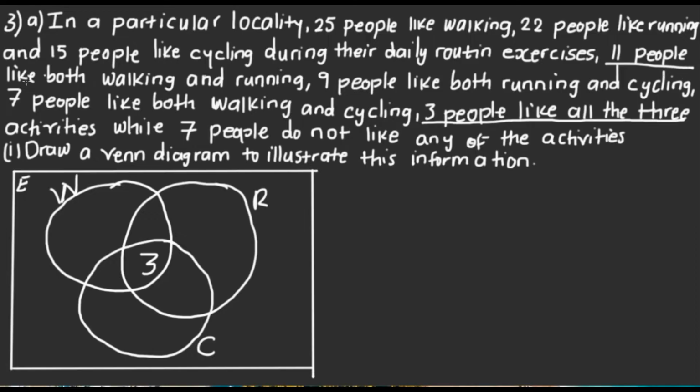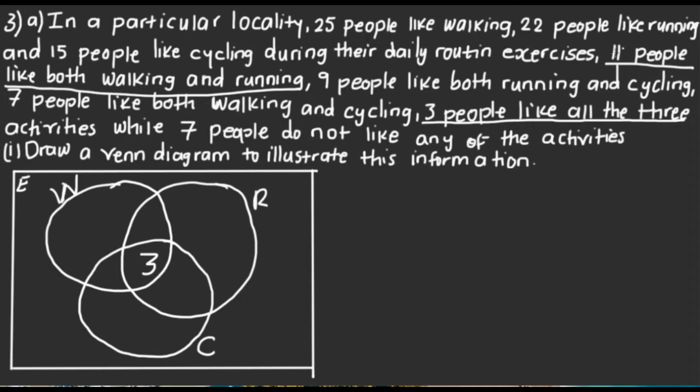11 people like both walking and running. Walking and running is this region. We are told how many? 11. Now from that 11, we already have a 3. So you are supposed to subtract. Don't indicate the 11 here, no. Because we already have a 3.